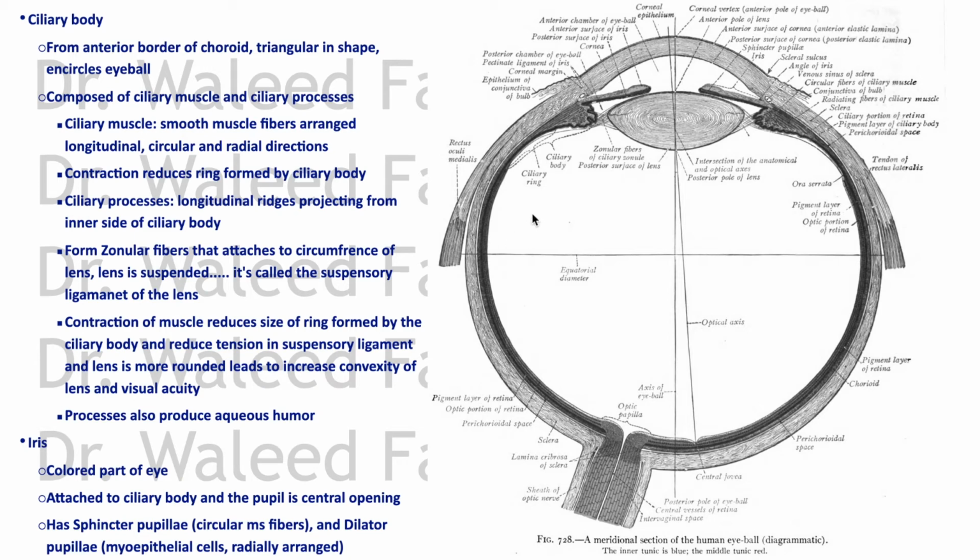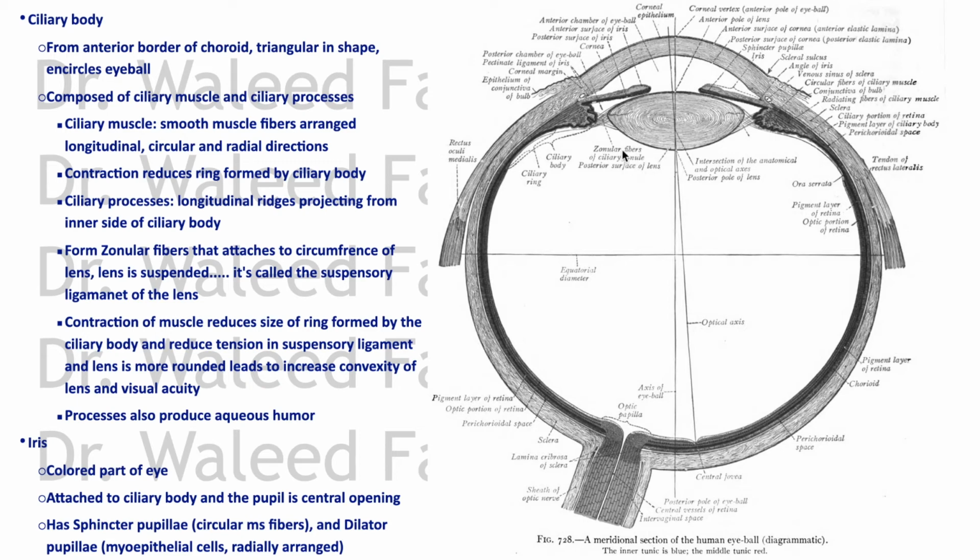The ciliary body is formed of the muscle and the processes, and the processes produce the zonular fibers that attach to the circumference of the lens. The processes also produce aqueous humor that fills the posterior and anterior chambers.